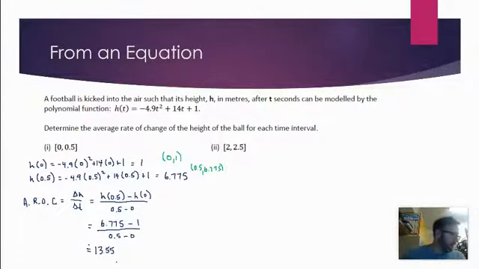And the interpretation of this, right, is that this is 13.55 meters every second. It's like the average speed of the football during this time. We know the football is not moving at a constant speed, but over this time interval, that was the change. Now, I think did I make an error here?